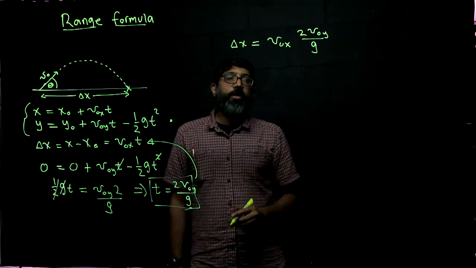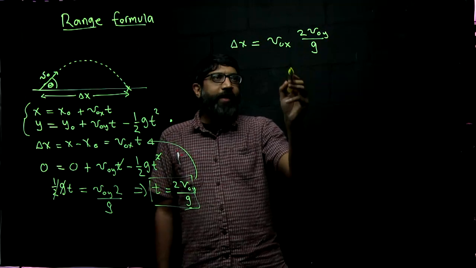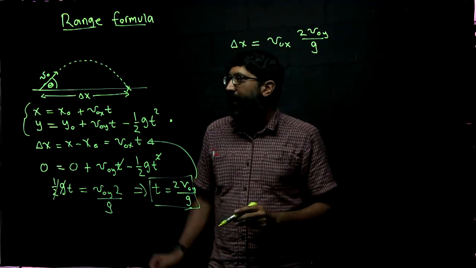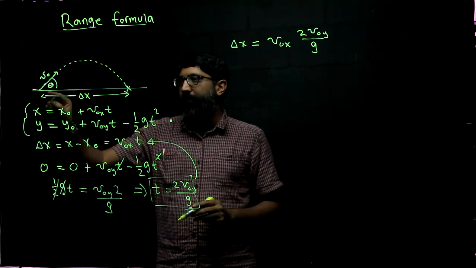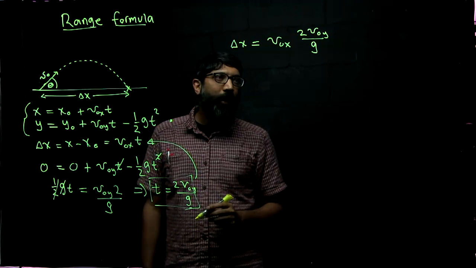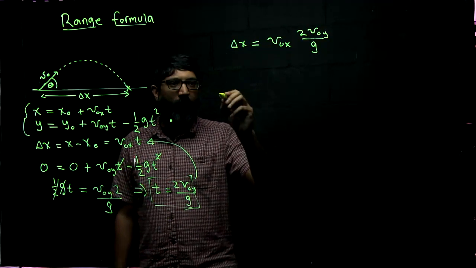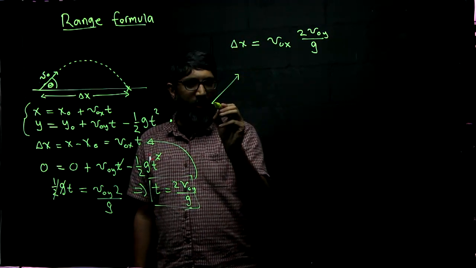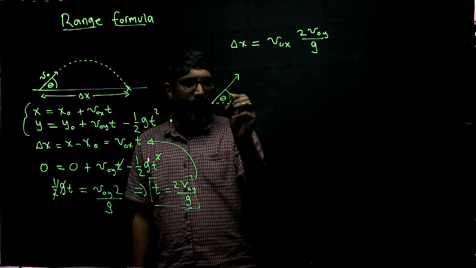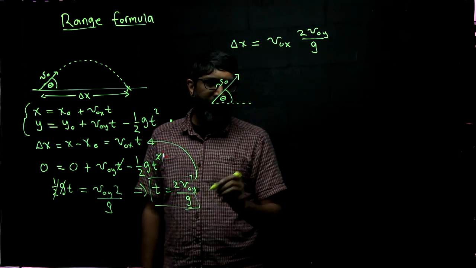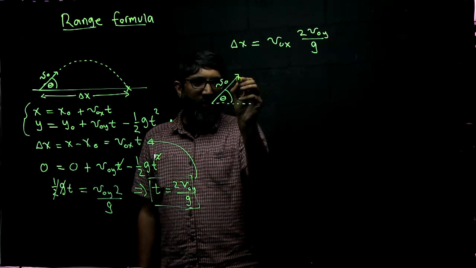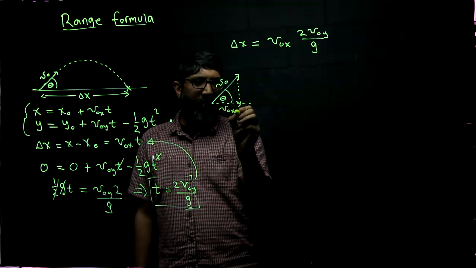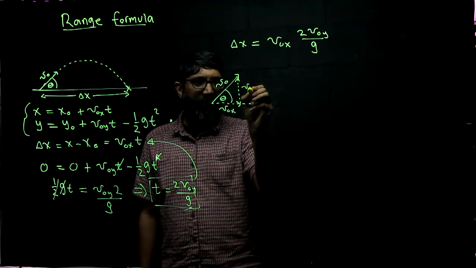We could call it a day here if we knew what v0x and v0y were in terms of our given variables, v0 and theta, so we need to figure that out. For that we need a little bit of trig. V0 points off in this direction and makes an angle theta with respect to the horizontal, so we need the two components that comprise this vector: the horizontal component, v0x, and the vertical component, v0y.